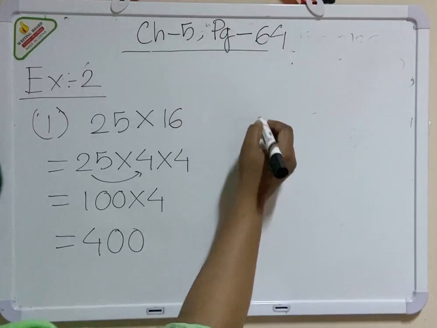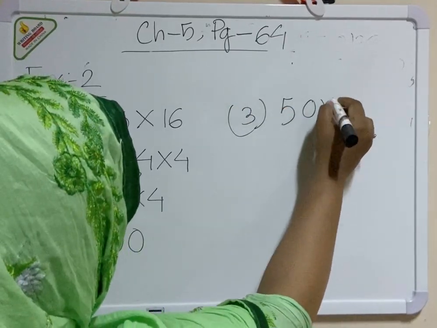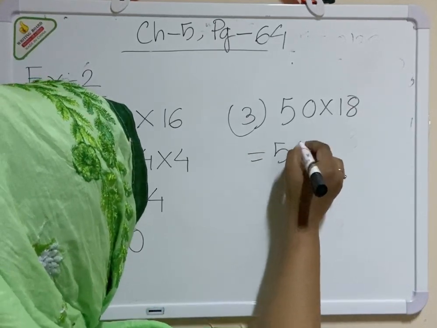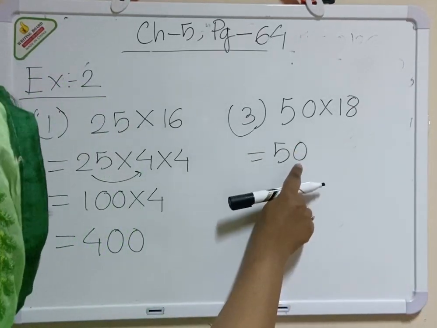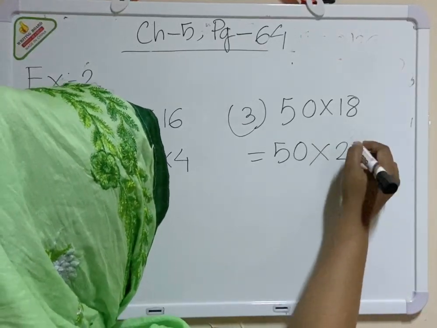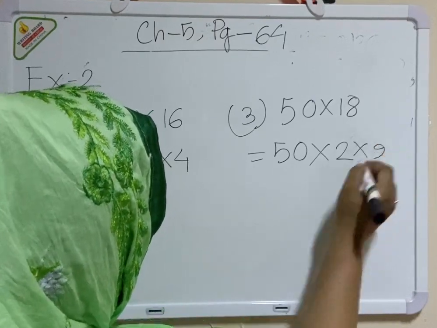Now I will show number 3, 50 into 80. I will keep the 50 like that because there is a 0. Now I split 18: 2 9s are 18.